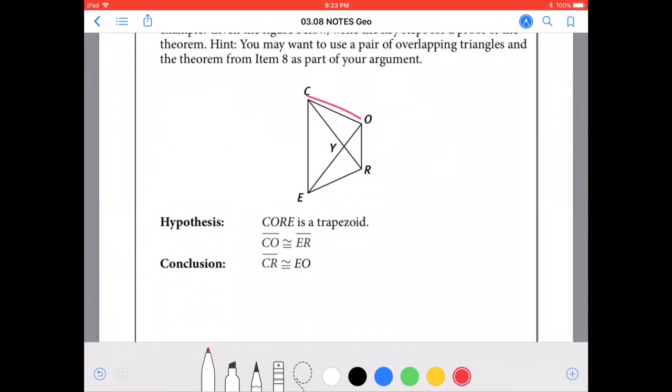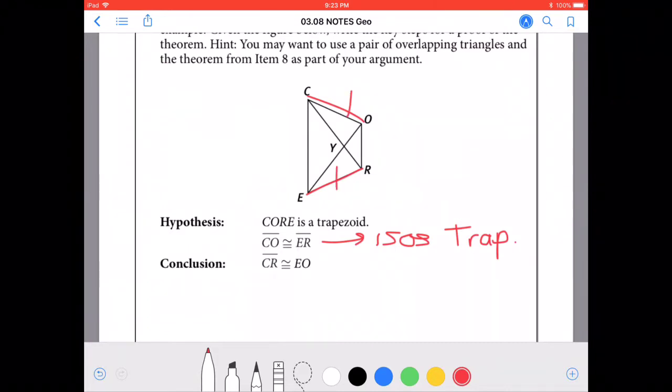So CO is equal to ER, which means what type of trapezoid do we have? Right, that means we have an isosceles trapezoid. We want to prove that the diagonals are congruent to each other.